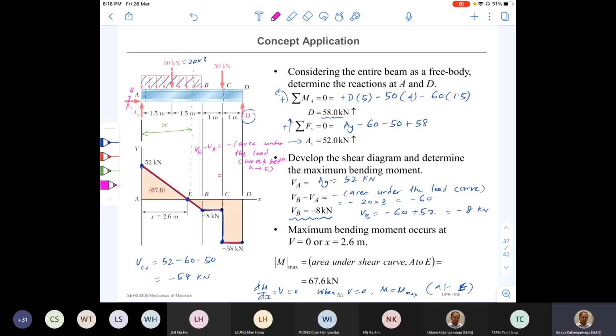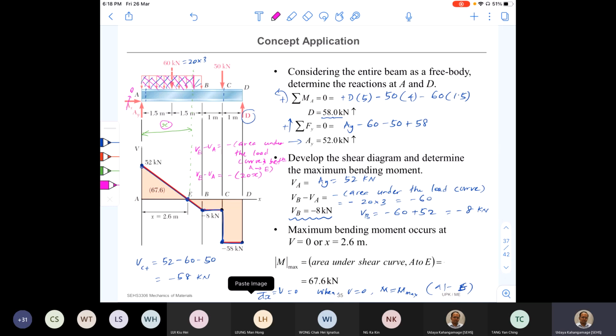So what is the area? If the distance is x here, x into 20 is the area under the curve, right? Now I'm talking about this area up to this point. It is equal to negative 20 into x. Now this is VE minus VA. We already know that VE is 0, VA is 52.